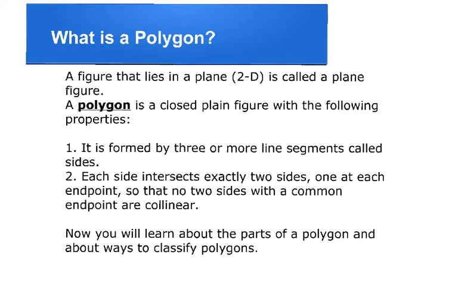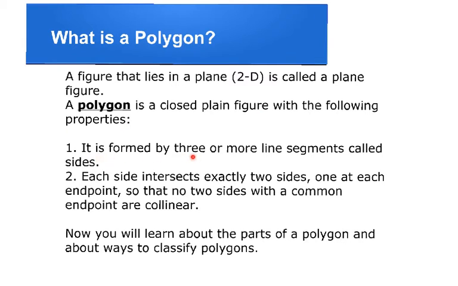First, we need to know what is a polygon. And here are some definitions. A figure that lies in a plane, so two-dimensional space, is called a plane figure. A polygon is a closed plane figure with the following properties.